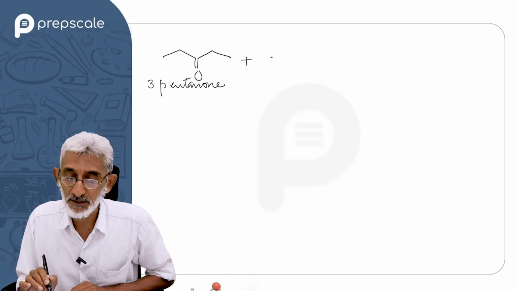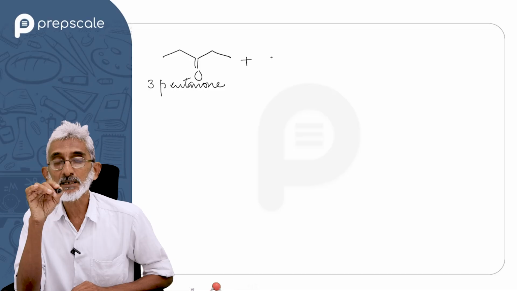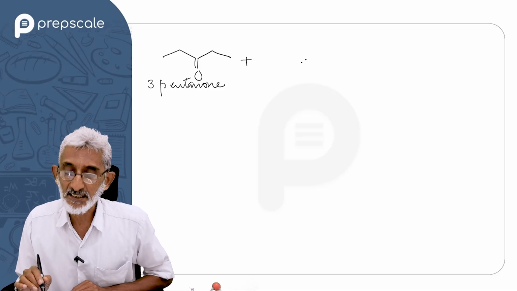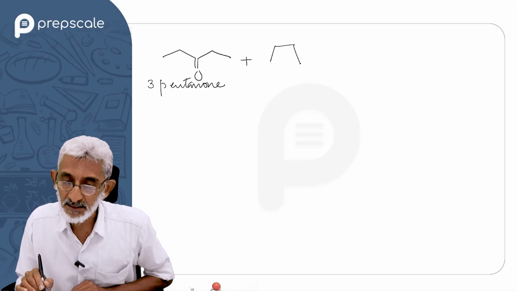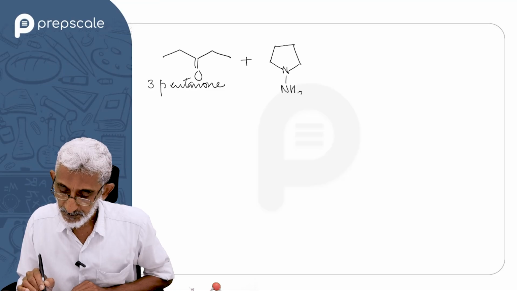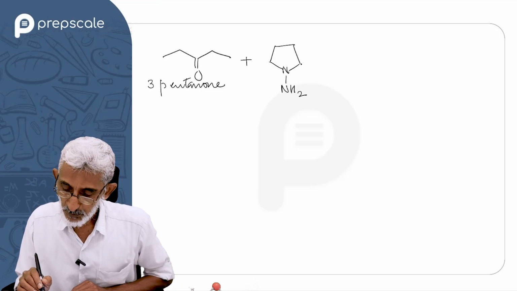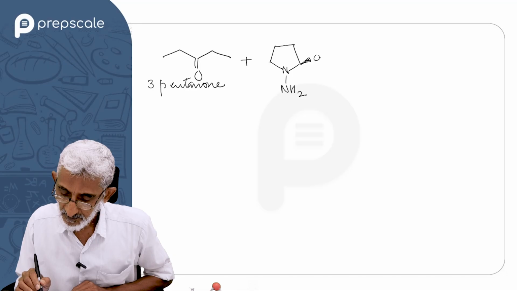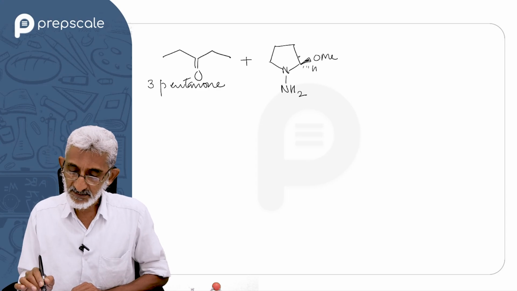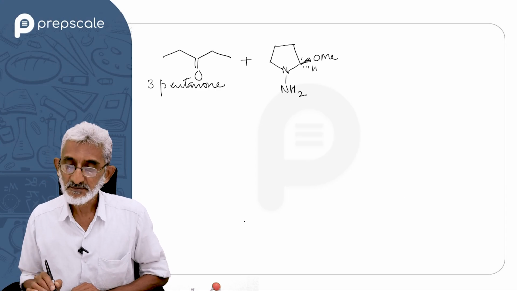You can convert those natural products into other chiral molecules. So such a chiral molecule is generated from here: NH2 with OMe here and H here. Okay, so this is a chiral center.